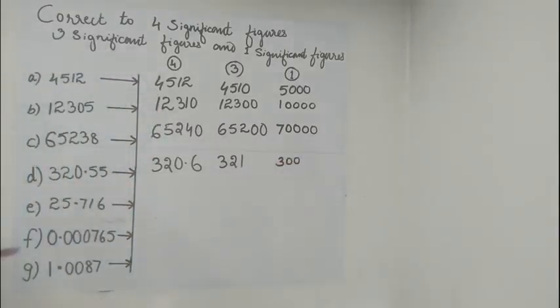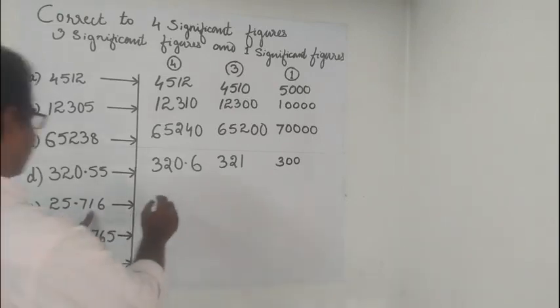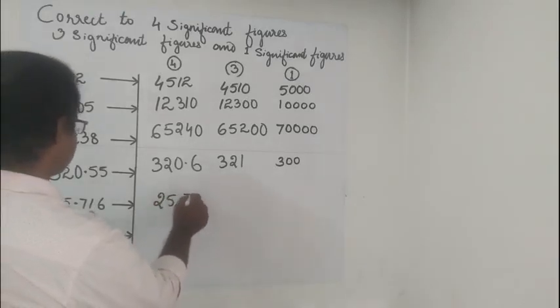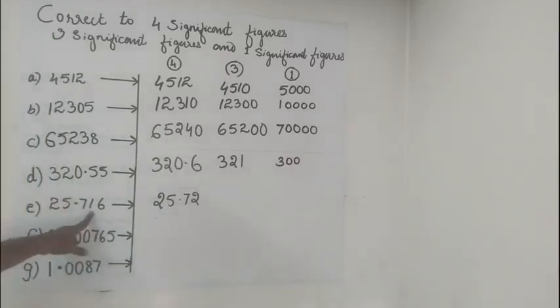Okay. Next, here is 25.716. We have to focus on the 4-digit number, 2571. After the 4-digit number, there is a 6, greater than 5, isn't it? So we have to add 1 to this number. That is 25.72. Okay, next 3-digit number, 25.71.